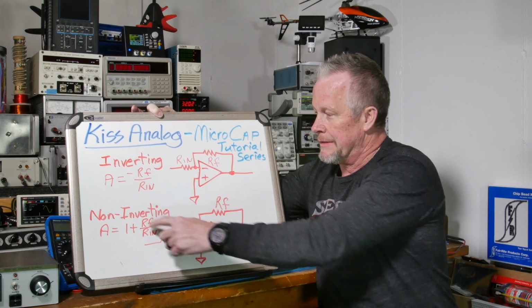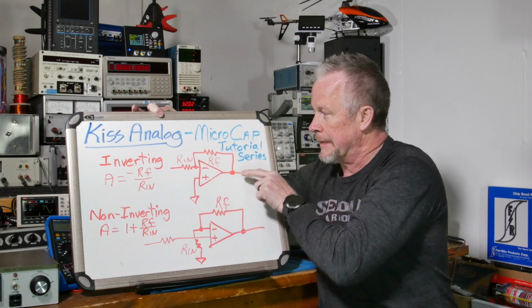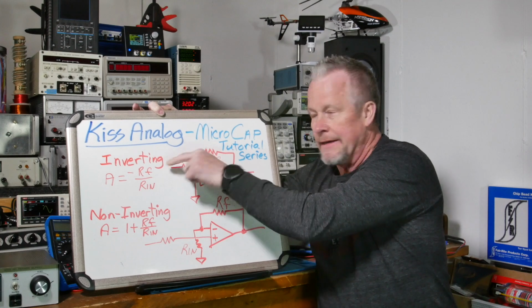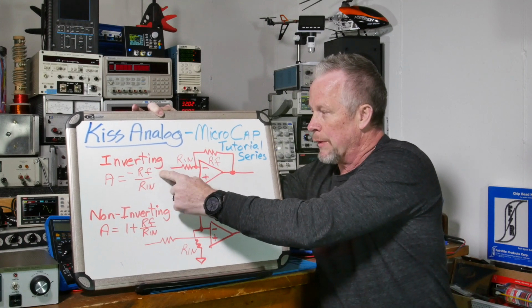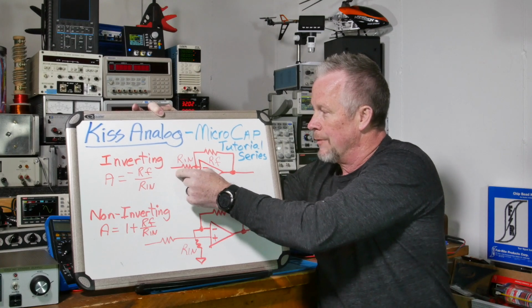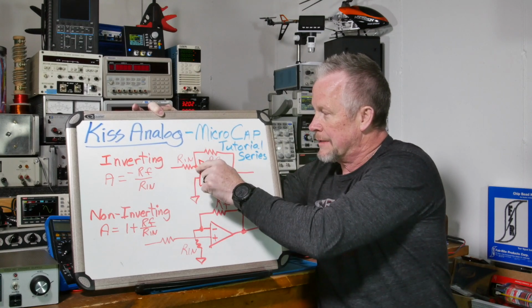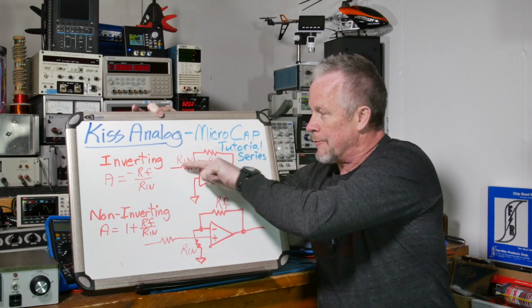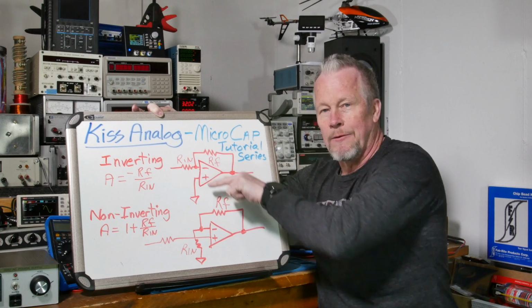This goes away on this one because this guy is a voltage divider and he's fighting the voltage coming in. If you put 1 volt here and it's 0 here, you get 1 volt on this guy. For this guy to force this to be 0, he's got to force the same current that wants to go this way, that way.